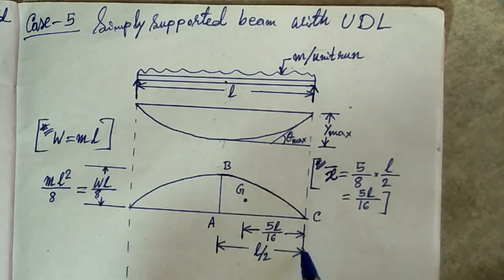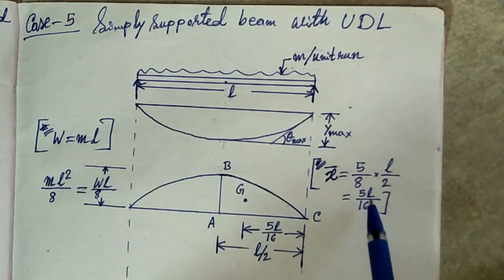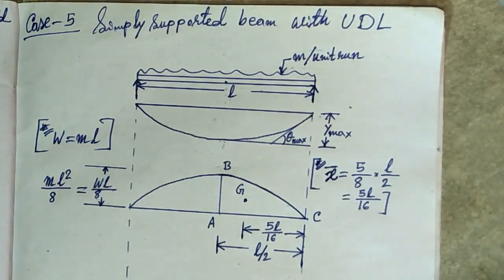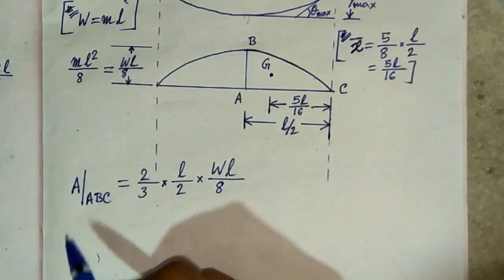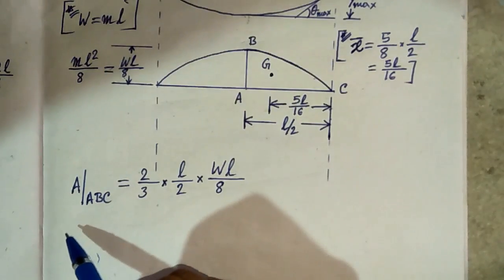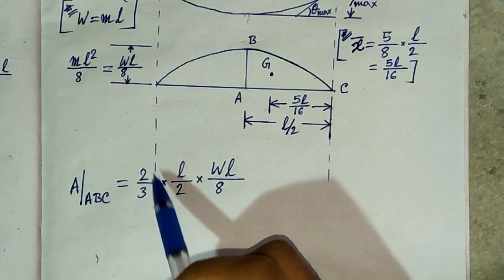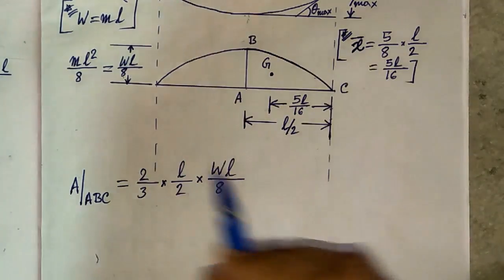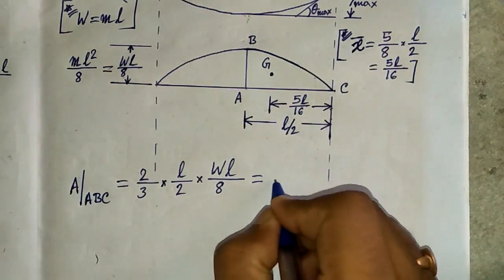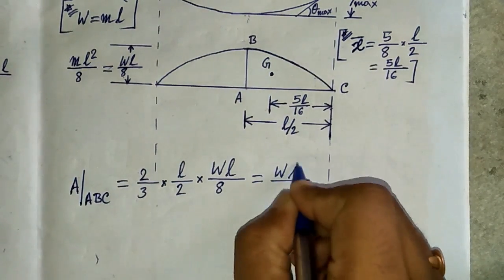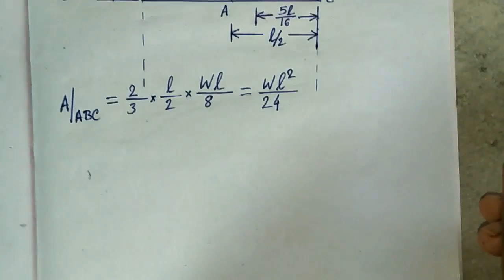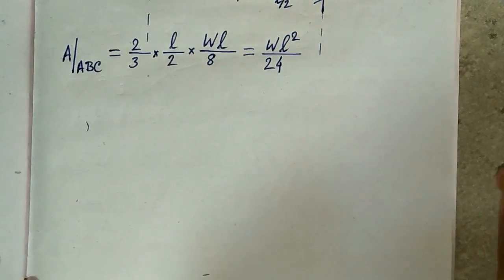L by 2 is the length from A to C, so that becomes 5L by 16. The area of the section ABC is 2/3 into L by 2 into WL by 8, so that becomes WL square by 24.